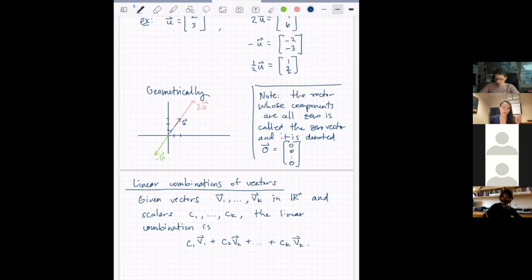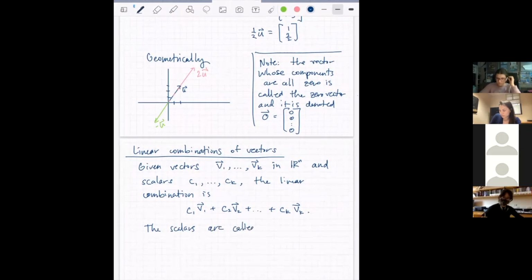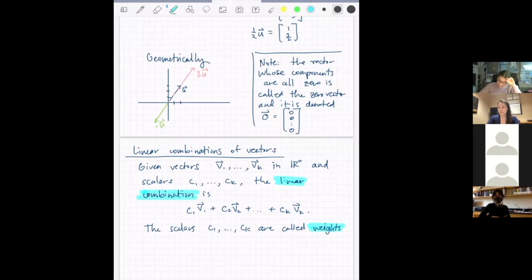So it's just taking all of our vectors, multiplying each by some scalar, and then adding them all together, right? And then these scalars c1 up to ck are called weights. Okay, so we have linear combination, and then we have this special name for the scalars involved in that.